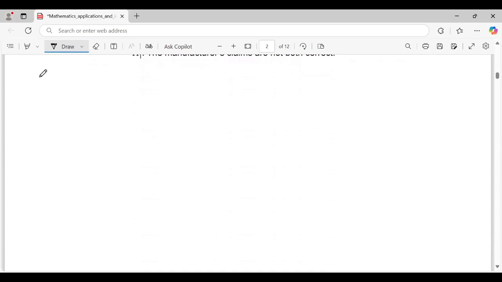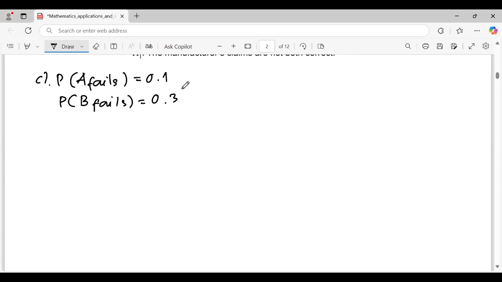So the probability, that's part C, the probability that A fails, according to the information, is 0.1. And the probability that B fails is 0.3.